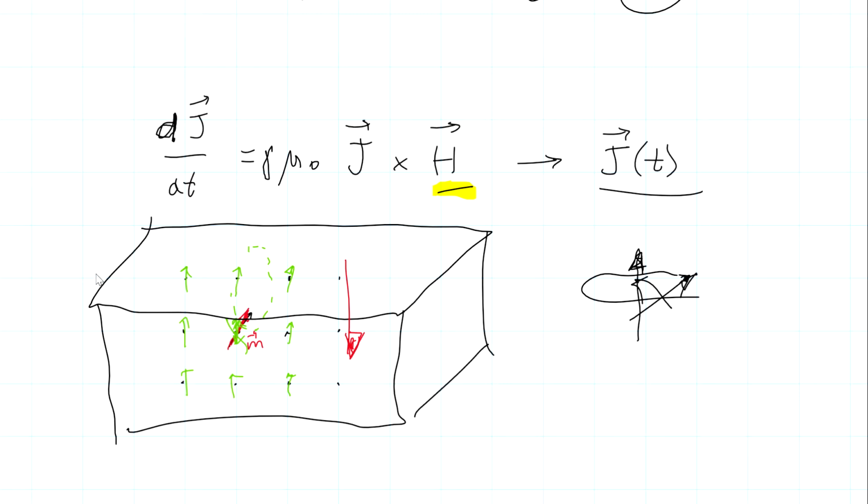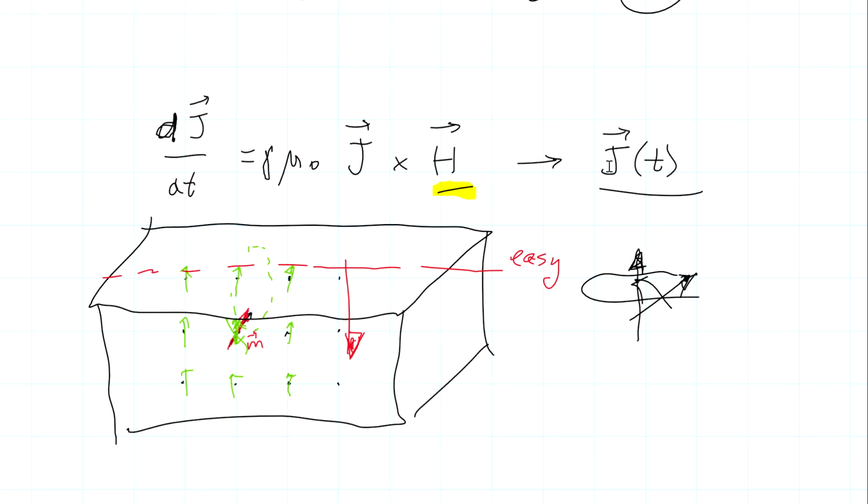So there is likely to be an easy axis, and magnetic moments would likely be aligned along that easy axis. If you look at the time dependence, imagine they all point up, but the easy axis is pointing this way. What would happen is that they would start to move towards the easy axis.